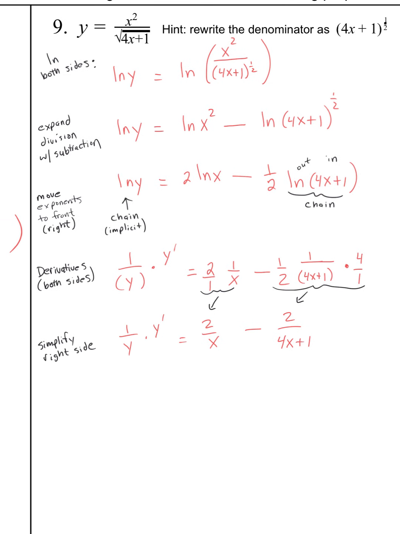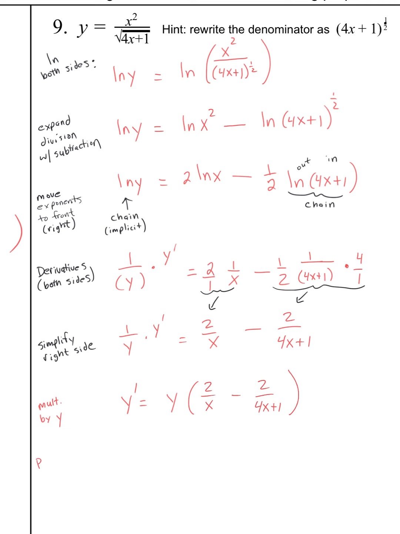The next thing we do is multiply both sides by y. When we multiply the left side by y, this goes away and we're left with y prime. Then we have y out front times this whole thing here, so I'm going to put that in parentheses: 2 over x minus 2 over 4x plus 1.